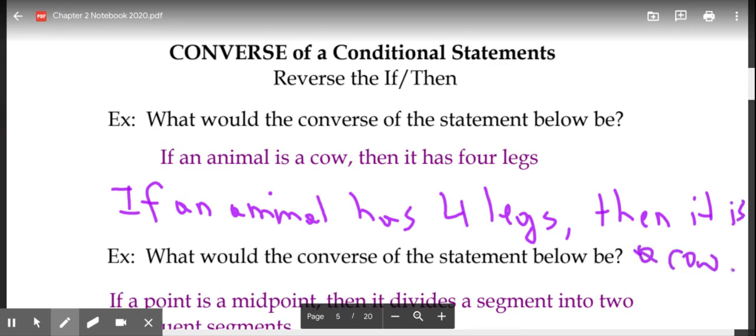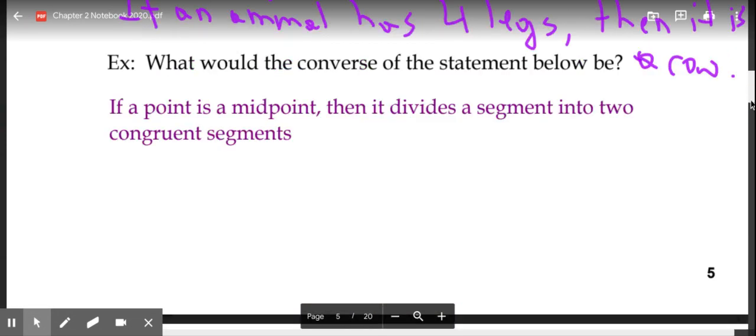Now, is this statement true or not? That's not the point of the lesson yet. Okay, we'll talk about counterexamples soon. So the converse would be if an animal has four legs, then it is a cow. So take a minute, pause the video, and try example 2 on your own.